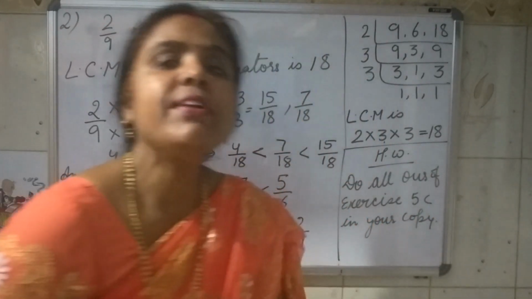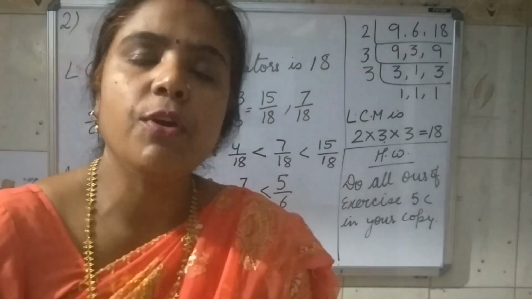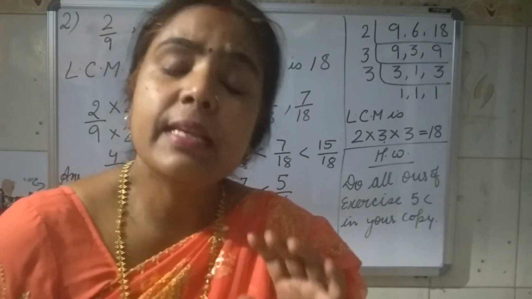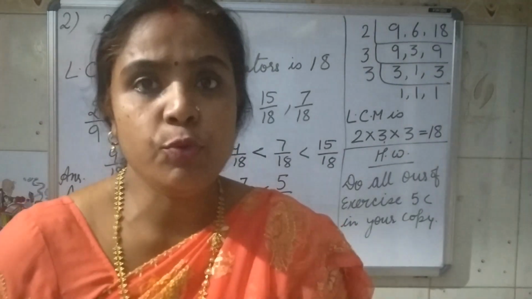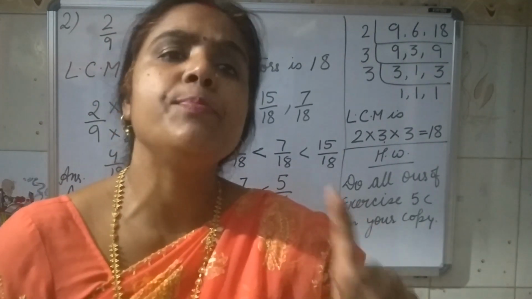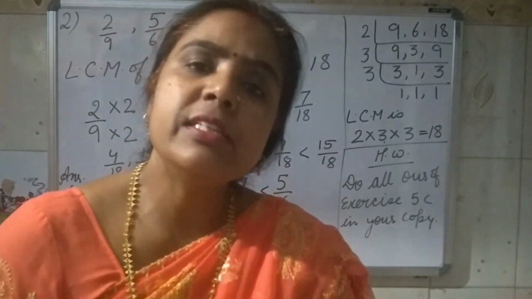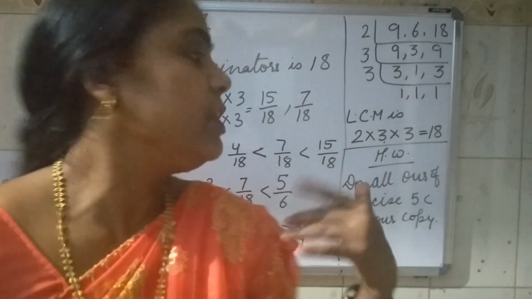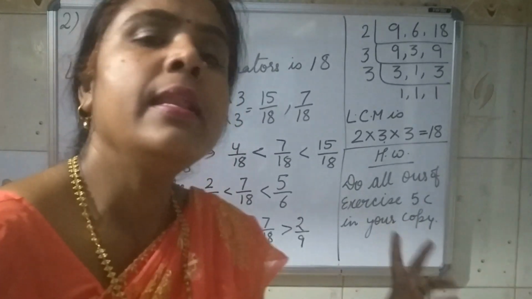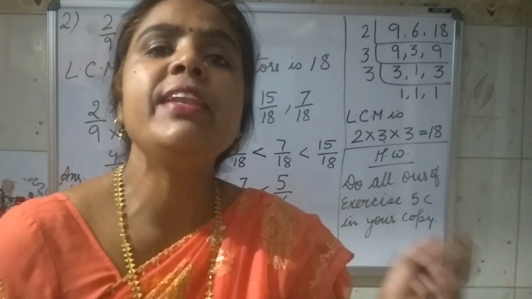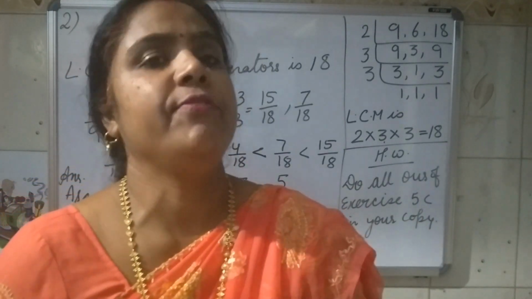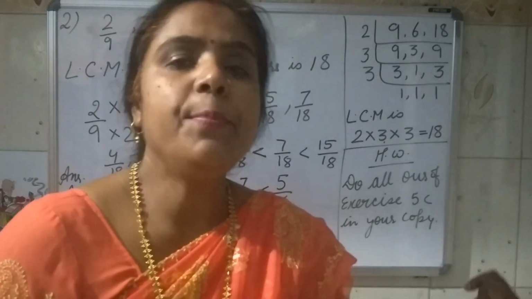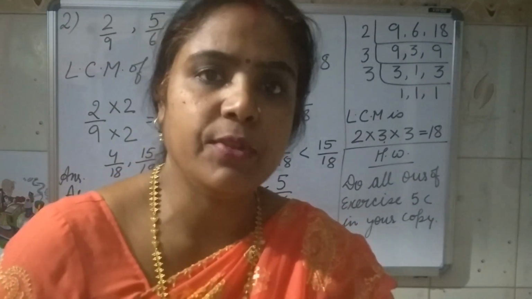Whichever copy you are using, if you are doing it in the rough copy, do it in the rough copy. Please, as I told you, you have to do the practice, and for practice of maths, make one separate copy. Either it is a rough copy or whatever copy you have used till now, the same copy you have to continue with for this exercise 5C and keep practicing. This video will help you only and only when you do the practice. Okay, so complete all homework and do the practice of the exercise.